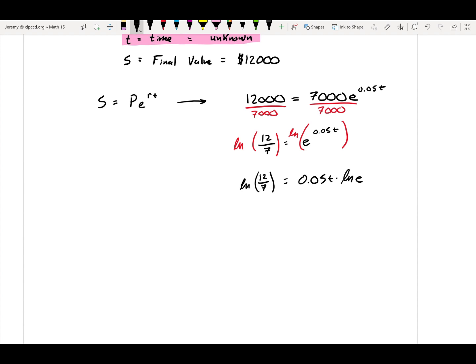And I can simplify this. What is the natural log of e? Remember, this is just asking e to what power equals e. That's just going to be 1. Okay, whenever we see natural log of e, this is a nice thing to run into because it just equals 1. Just draw a big 1 around that. So that'll go away.